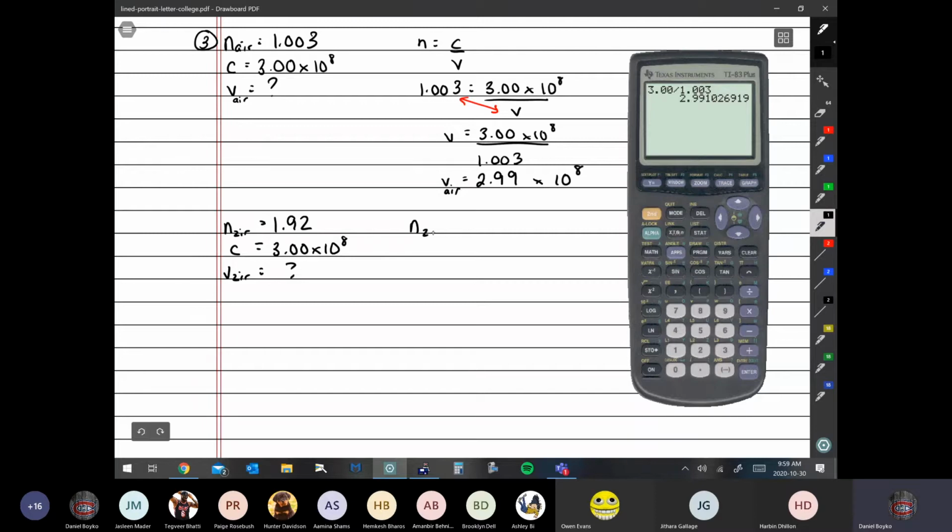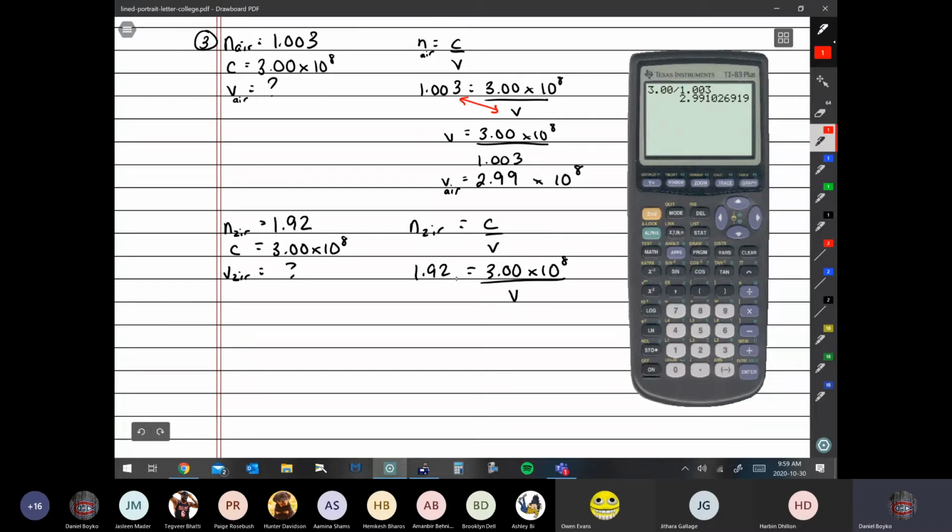So N of zircon equals C over V. And again, you don't really have to do that part, but it is good for reference. 1.92 equals 3 times 10 to the 8 over V of zircon.